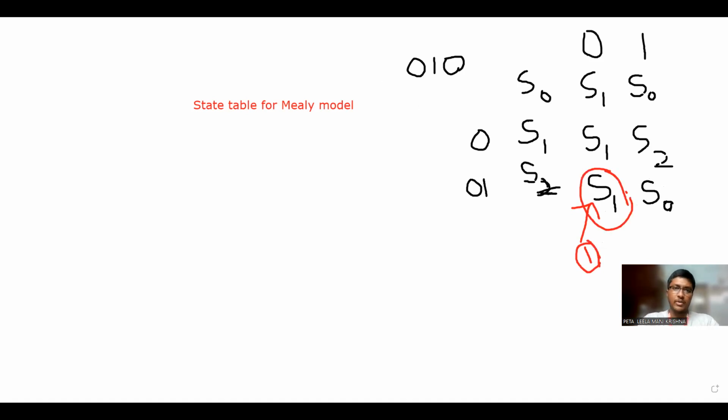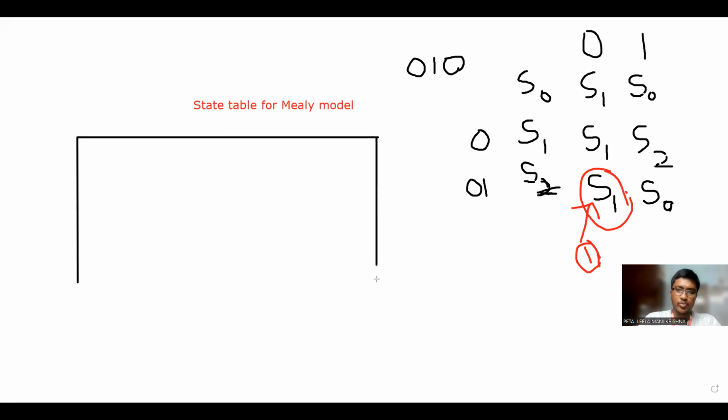So now I will draw a table to make you understand clearly. As this is a Mealy model, the output is represented using a comma, that is, next state name, comma, output.